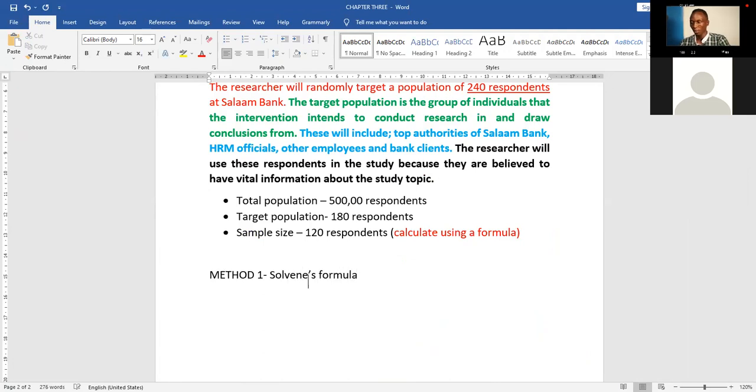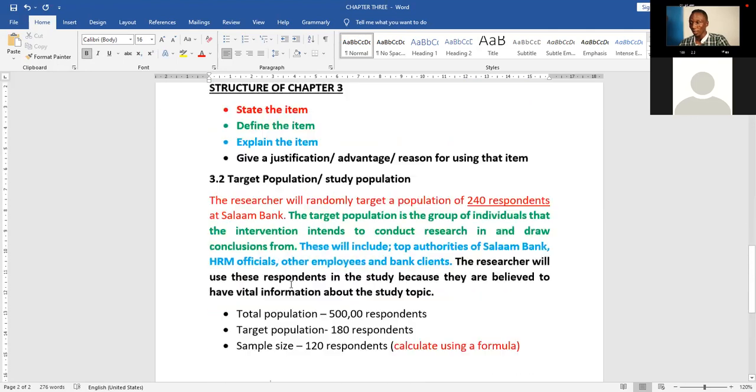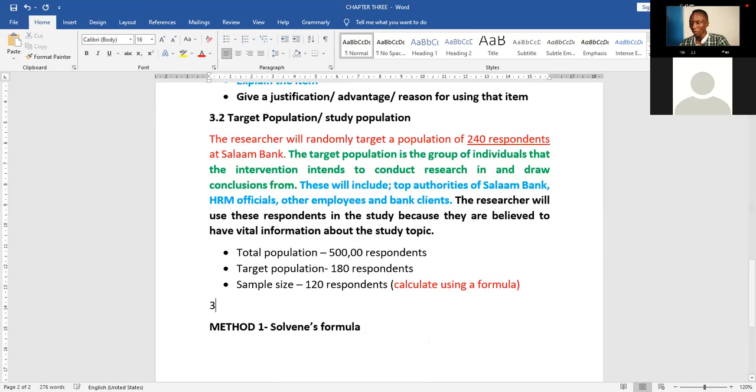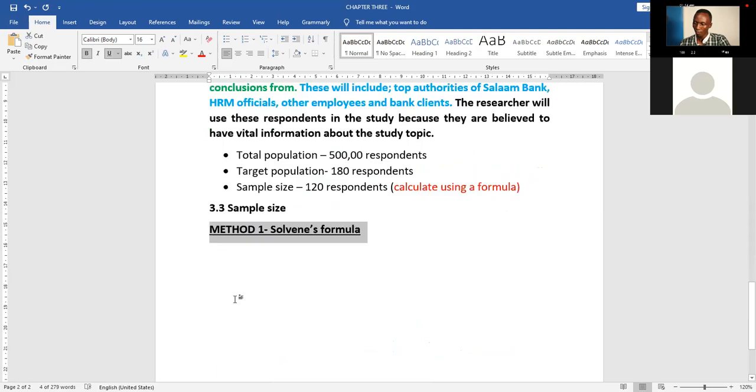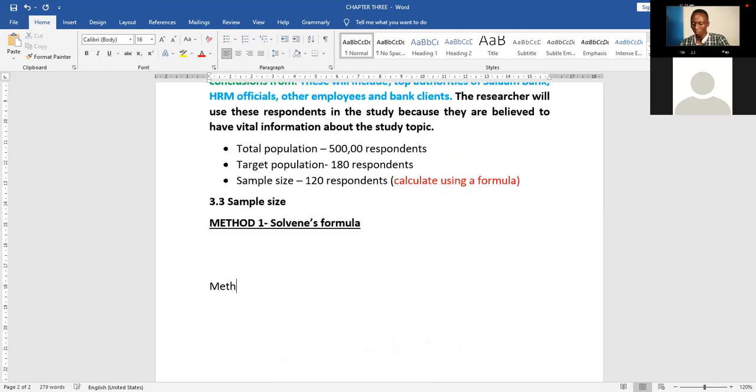And then we also have method 2 for sample size. So this is method 1, then we also have method 2, which is Morgan's table.